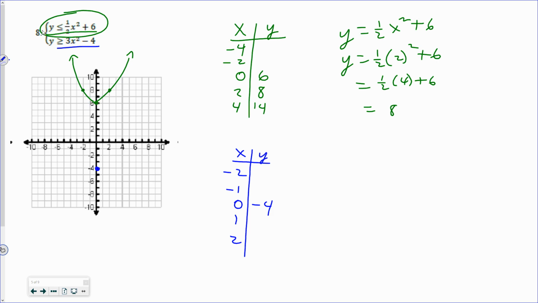You plug in 1, you get -1. Plug in 2, you get 8. And these match. So you have 1, -1, 2, 8, -1, -1, -2, 8. So you get that. Right?